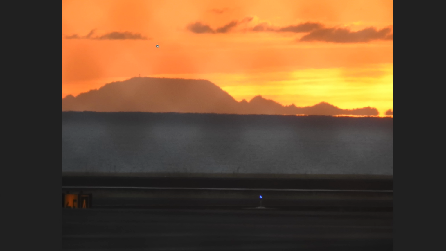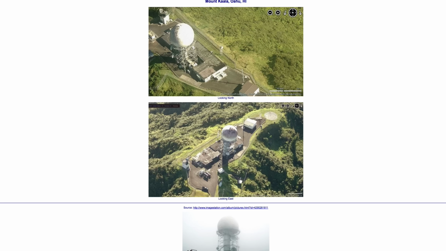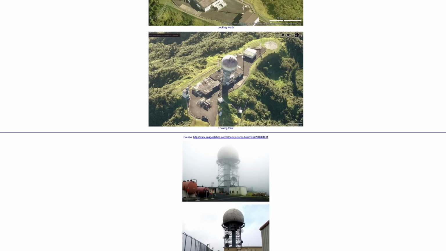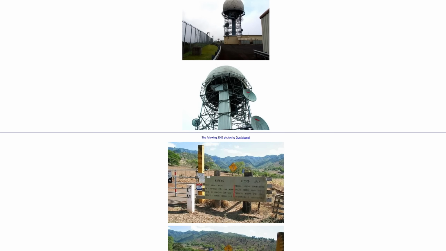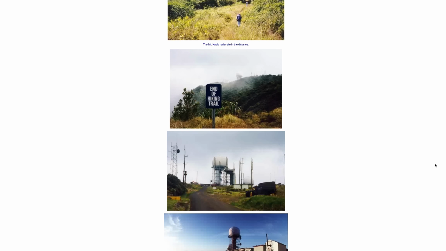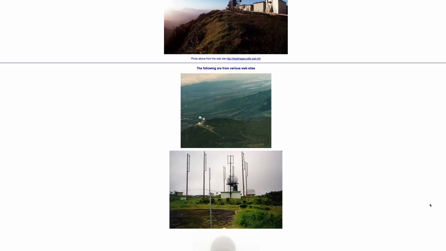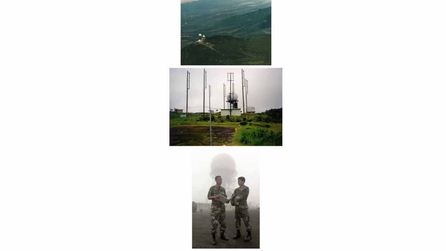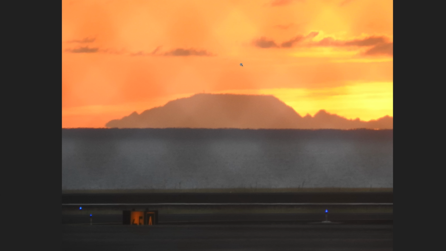And this thing right here, this is a tower, some kind of military telecommunications tower that's on top of Ka'ala. Here's another shot at the airport.